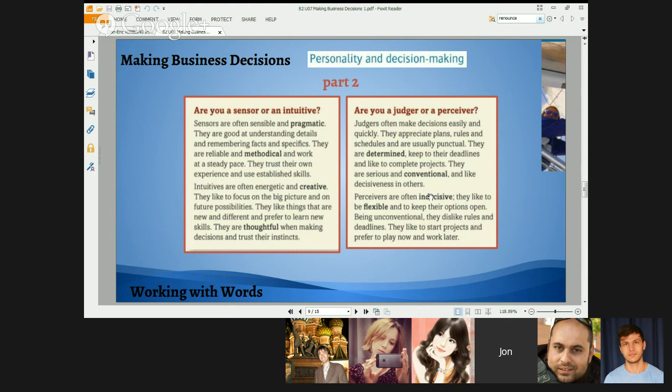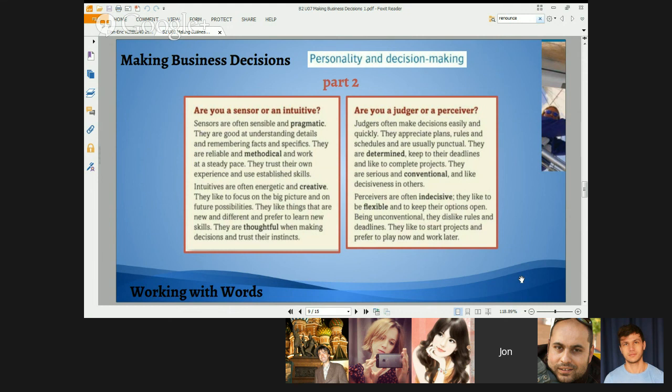Perceivers are often indecisive. Wait, it's the same word as before, just with an in. Indecisive. Oh, it's hard, teacher.